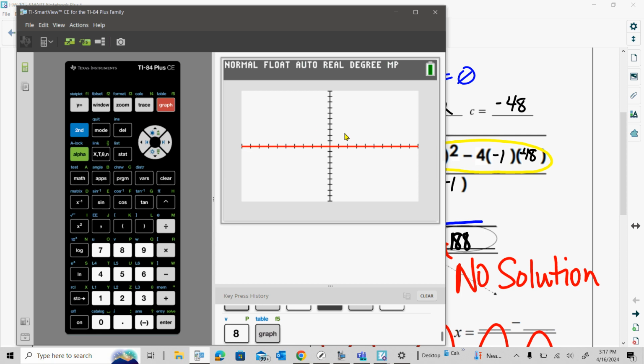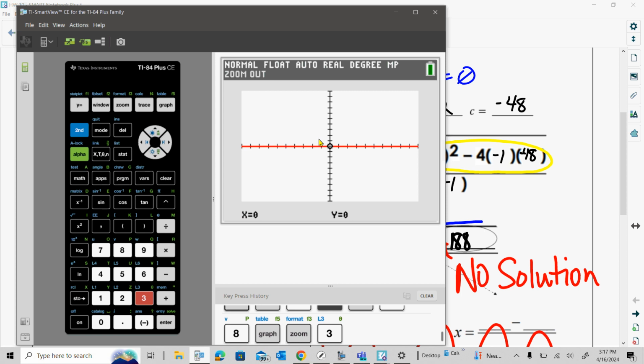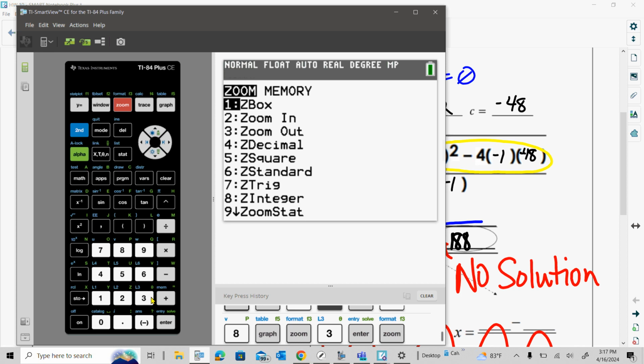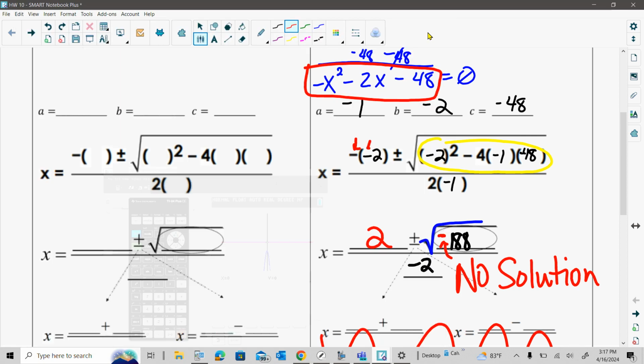Right now it's not showing, so I need to zoom out, because of that negative 48. There we go, see right here? This never touches the x-axis. Because it never touches the x-axis, there's no solution, because our solution is when we get an x-intercept. So it's just another way of problem solving.